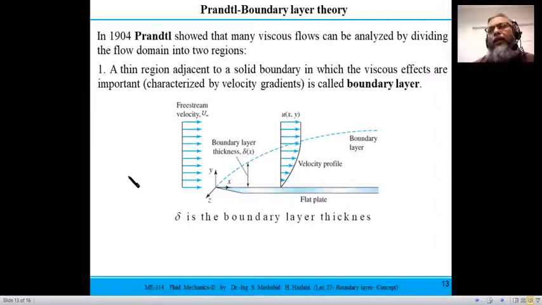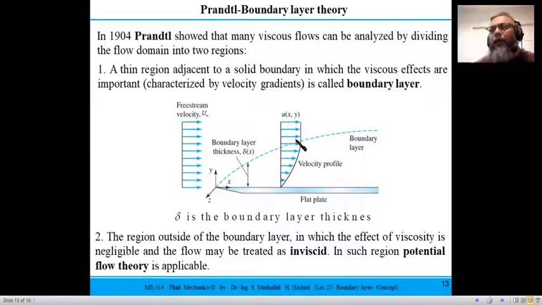So what Prandtl did, he said the whole flow field can be divided into two regions. The region outside the boundary layer, we call the inviscid region, where the potential flow theory works, and the region within the boundary layer, where viscous effects are dominant, is called the boundary layer region. Outside the boundary layer region, the viscous effects are not dominant, and the fluid flow can be called inviscid fluid flow.